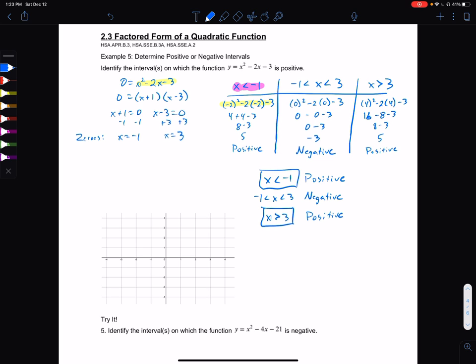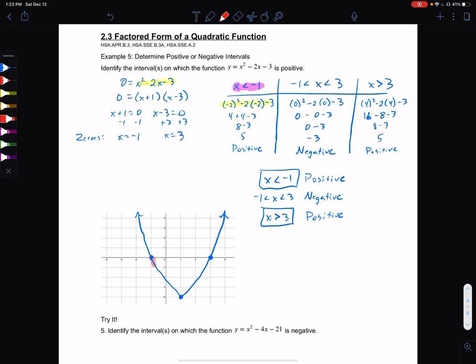How can I make this easier? Well, if I look at a graph, based on my work, I know that I have the zeros negative 1 and 3. The vertex in this case is going to be 1, negative 4. So my parabola is going to look something like this. It's not drawn perfectly, but that'll do.